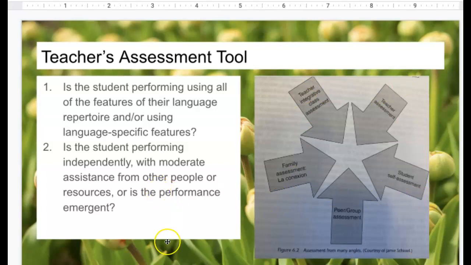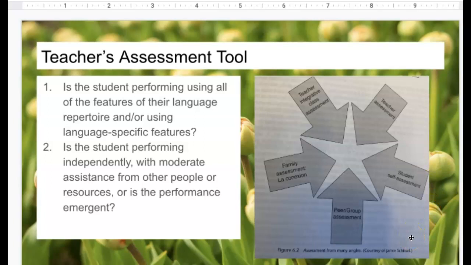And number two, is the student performing independently, with moderate assistance from other people or resources, or is the performance emergent? So think about that when you're watching how the students are performing through this integrative approach. Do they need more supports?